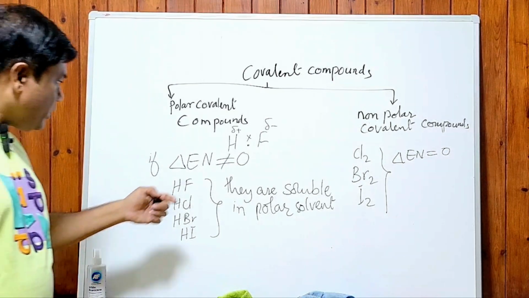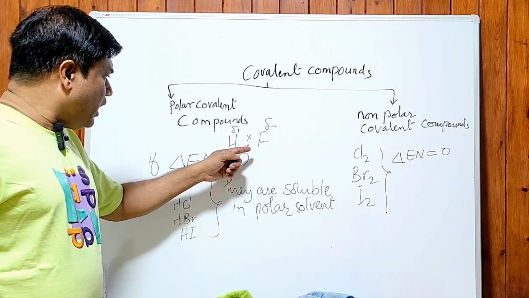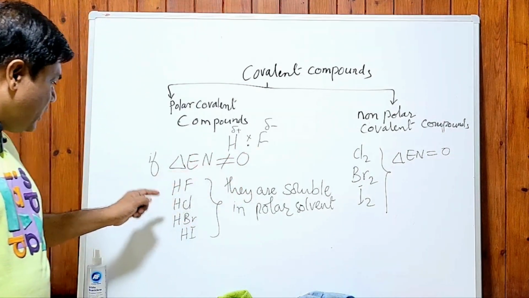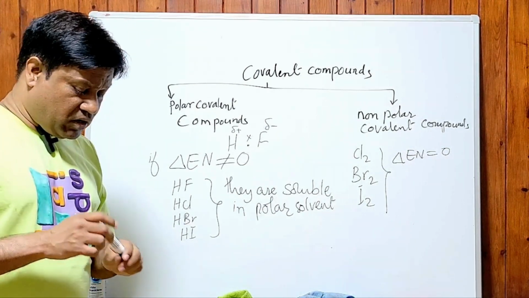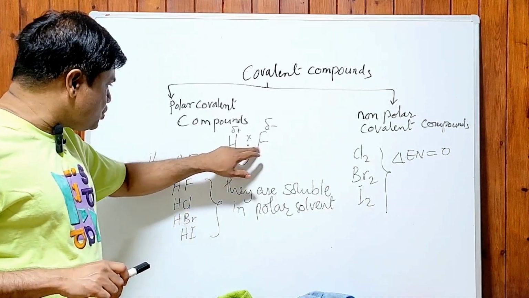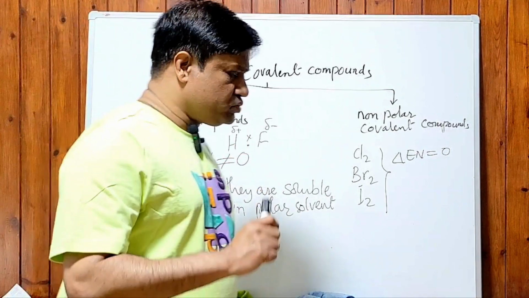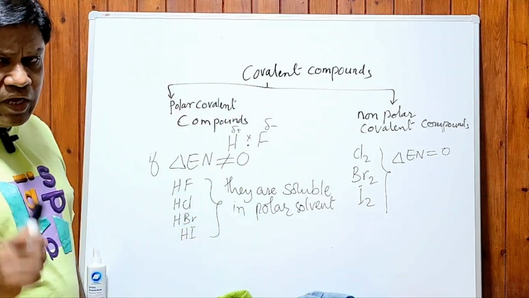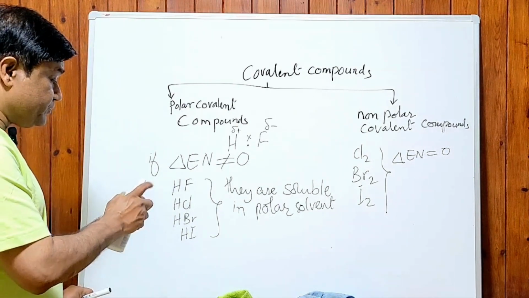Now, look at HCl, HBr, HI, all are polar. Now, this charge distribution is also called a dipole. Let's do some discussion of dipole moment. Okay. Now, the dipole moment.